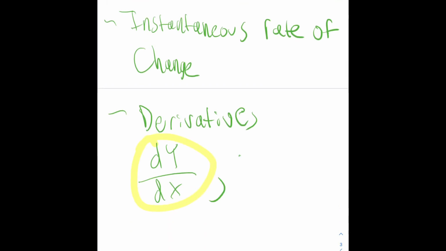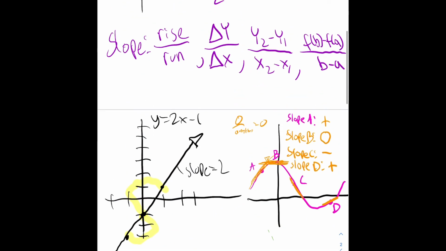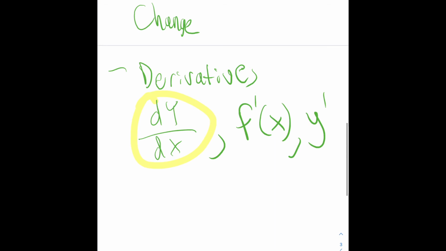Another way you may see it is f prime of x. That means find the derivative. And if it's not labeled as a function, it may be y prime. So again, these all mean to find the derivative, which means find the instantaneous rate of change, which is to find the tangent line.